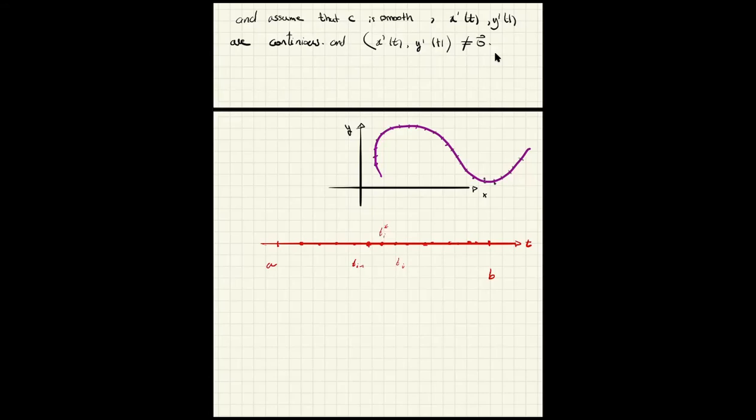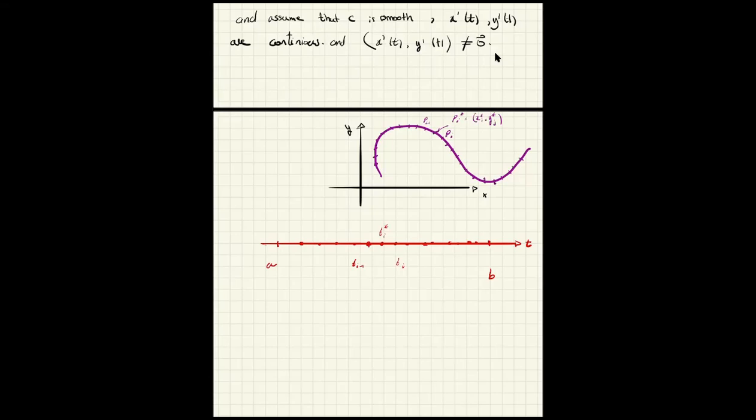Then this will be P_{i-1}, and this will be P_i, and here we'll have the point P_i star, which will be some (x_i star, y_i star).